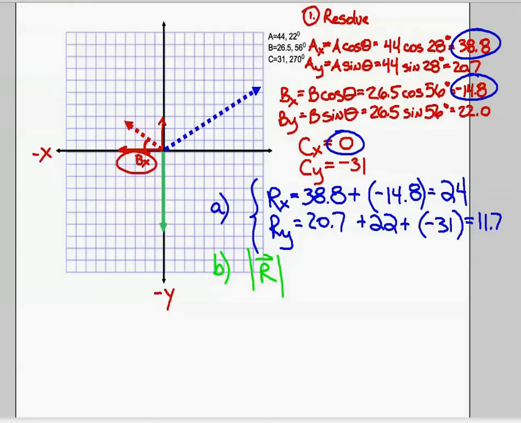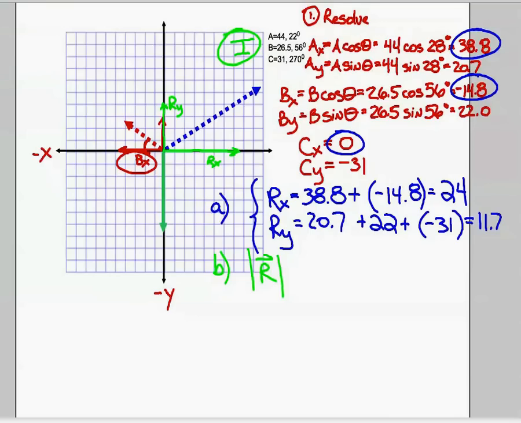First, let's go ahead and sketch in my resultant components. Positive 24 units is my Rx, and positive 11.7 is the y component of my resultant. That means that I should have a first quadrant vector somewhere between 0 and 90 degrees. That will come into play when we're dealing with the angle.